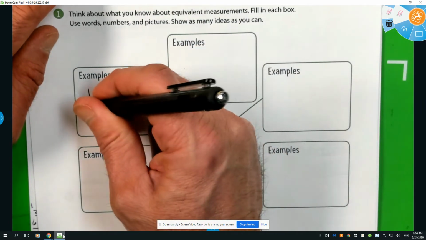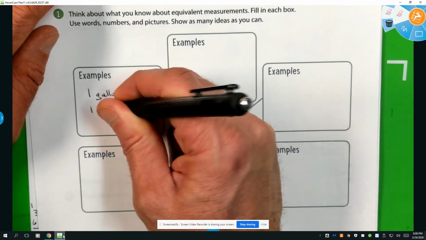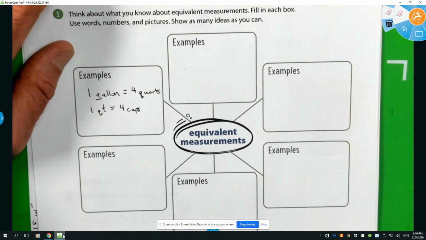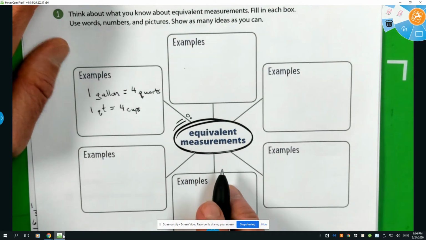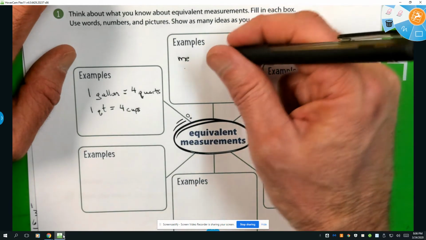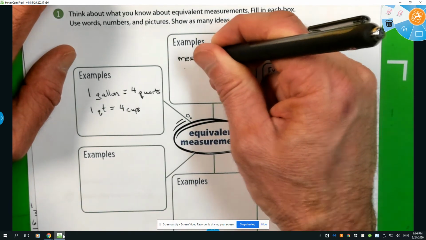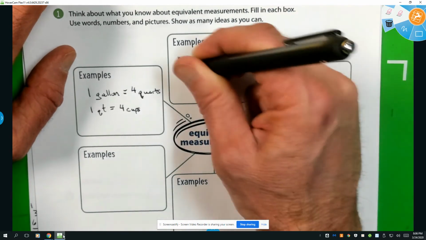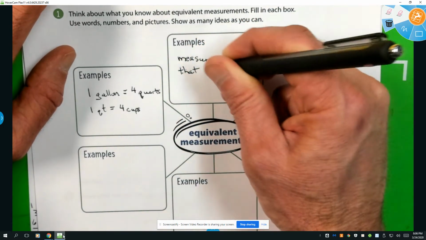Okay, 1 quart equals 4 cups. Now, what is an equivalent measurement? Well, that is measurements that have the same value but are in different units.